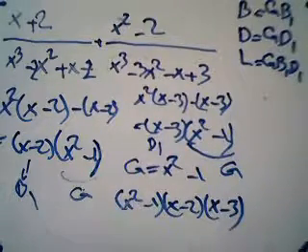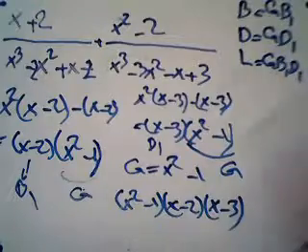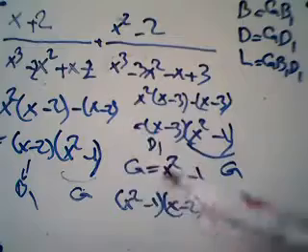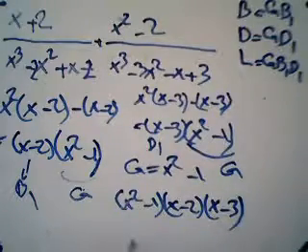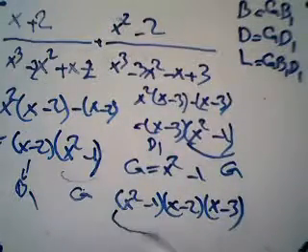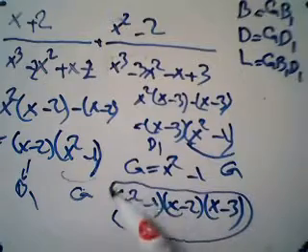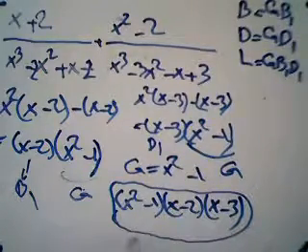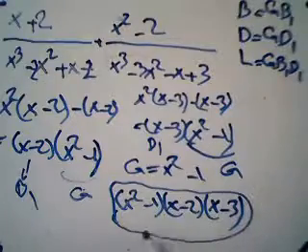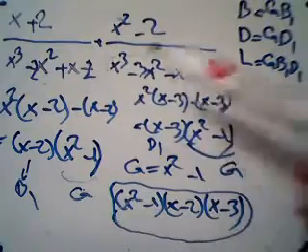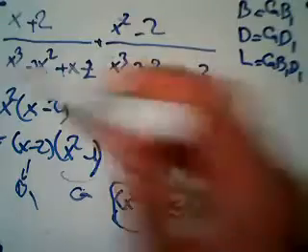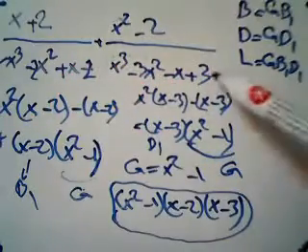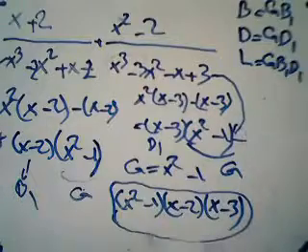Okay, and in order to make the denominators equal, the same denominator should be this, the least common multiple, and this is this, and this is this.